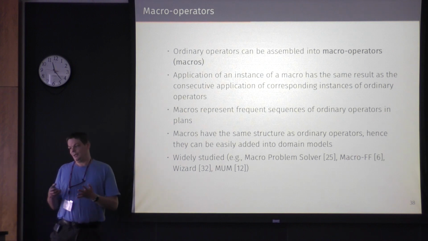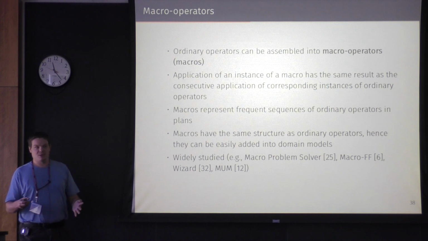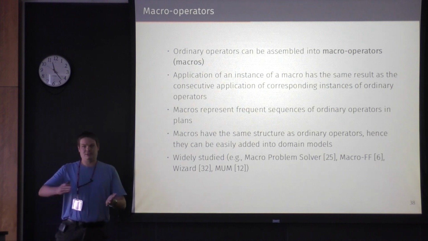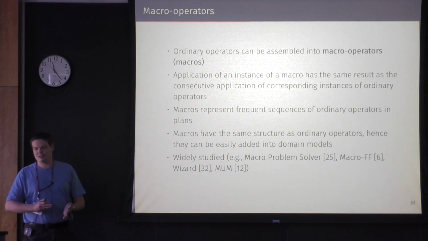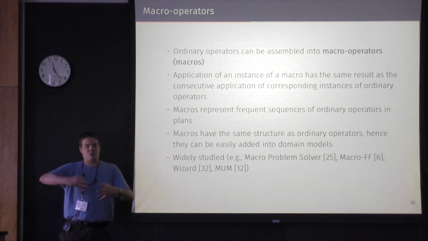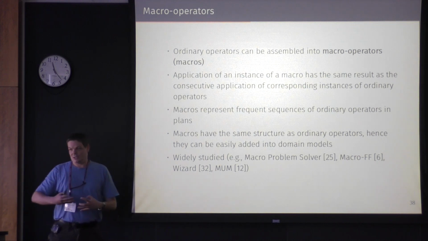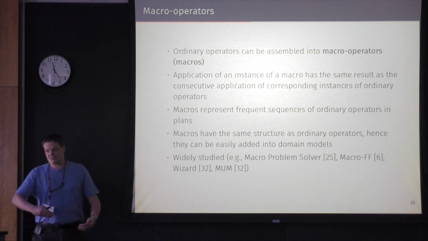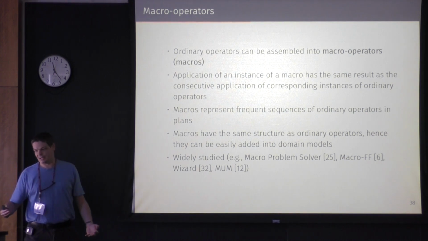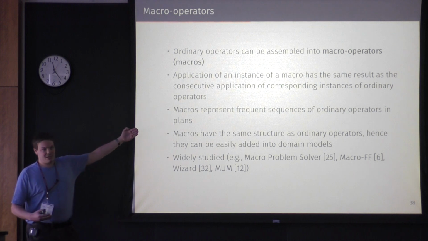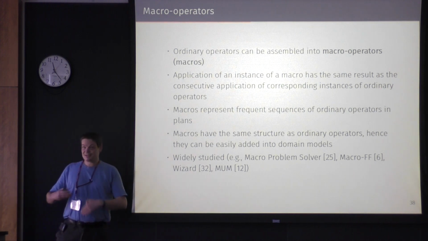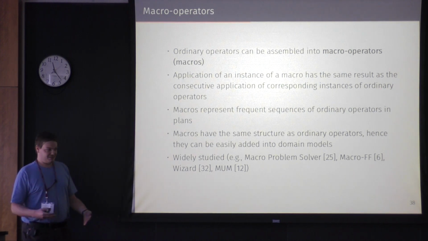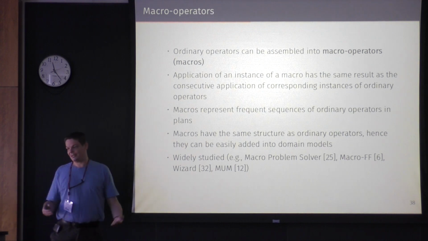We have ordinary planning operators or actions, and we can assemble them together so that a sequence of ordinary operators is represented as one macro operator that can still be encoded in the same way as an ordinary operator.